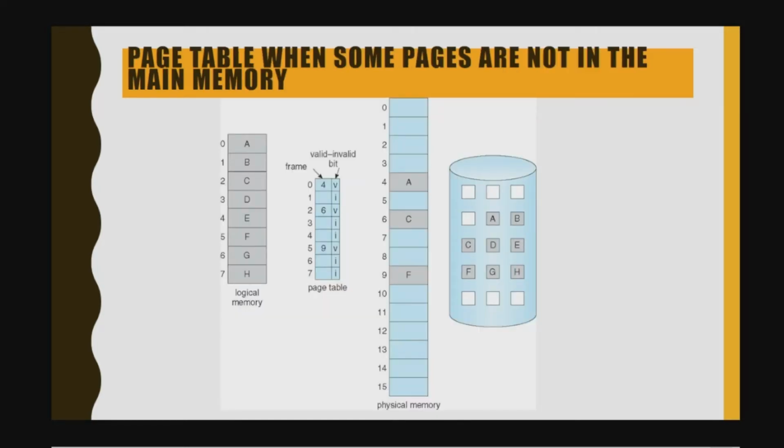Okay, so based on this diagram, we have logical memory, page table, and physical memory. So in the page table, some pages are not in the main memory, the computer's main memory. Some of the data are not being stored here.